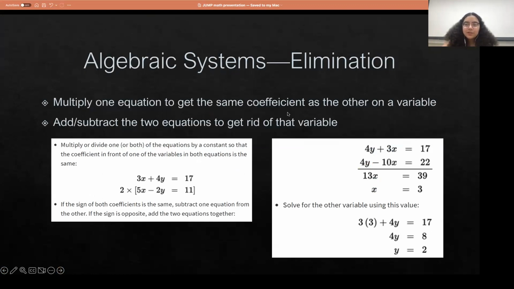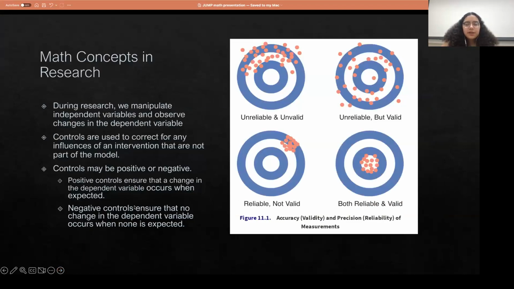So you want to add those together to get 0y and eliminate y from your equation. But if they were both plus 4y, you'd want to subtract. And then you're left with an expression for only x, and then just like before, solve for x, plug that into either of the original equations to get back y. So that's solving systems.